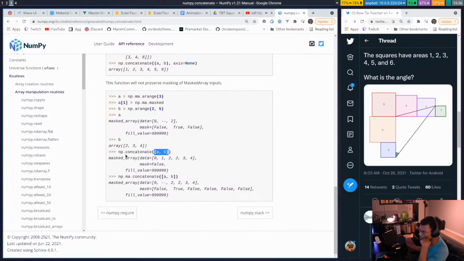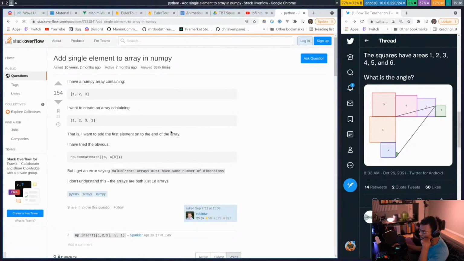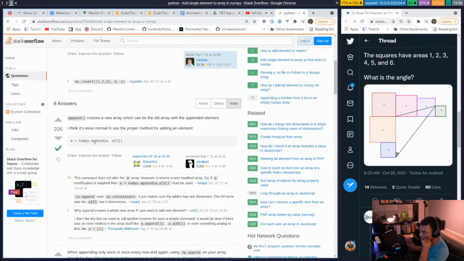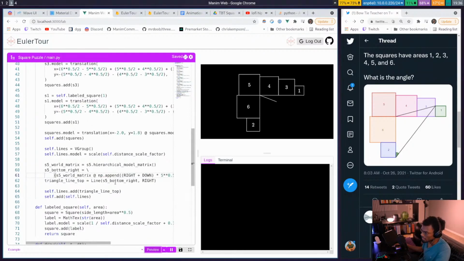Wait, what? Append creates a new array. And it's like this. Okay, so that's how I do that.